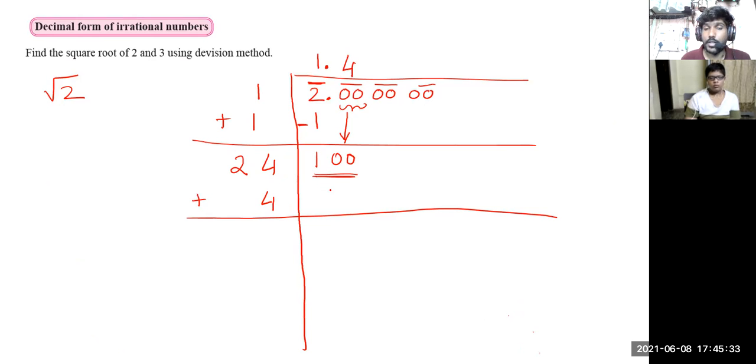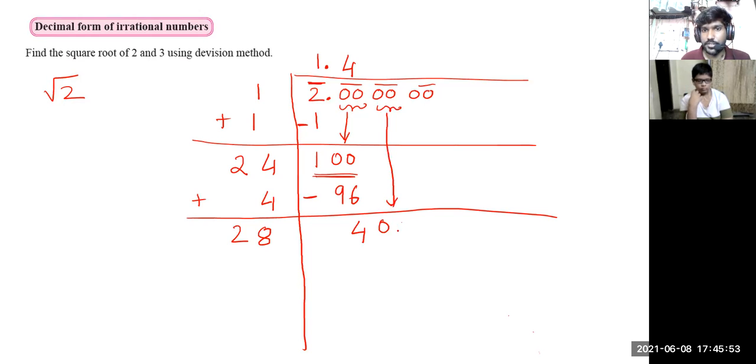And 24 into 4 is 96. This has to be subtracted. 24 plus 4 is 28. So here 28. 100 minus 96 is how much? 4. So here we get 4. After that, you bring the next pair down. So 0, 0.